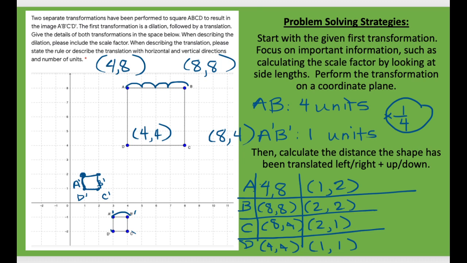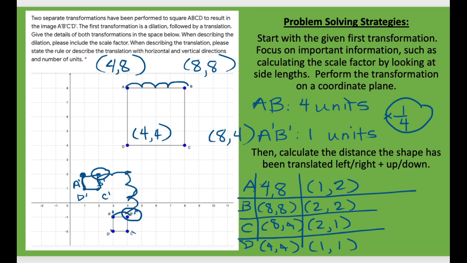Again, I'm going to pick a point on the pre-image, and then pick that same corresponding point on the final image. So we'll do this one. I'm calling it B double prime now. So to go from B prime to B double prime, I had to move 1, 2, 2 units to the right, and 1, 2, 3. Sorry, that's really messy, but that is 3 units down.